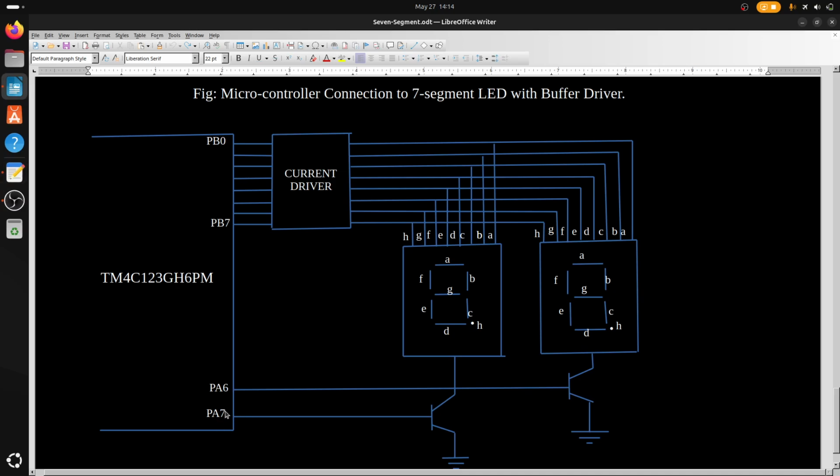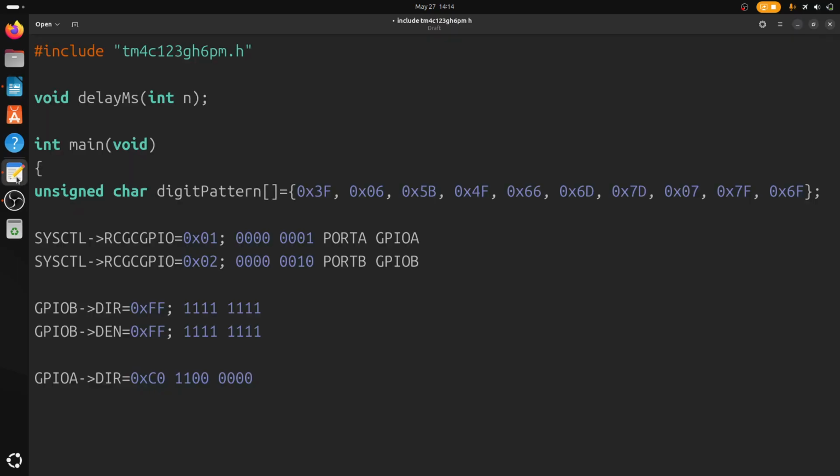I have to set up the hardware. So here in the diagram, which hardware pin I'm choosing, only pin number 6 and 7. So that's why I choose only pin number 6 and 7 of port A. I set.